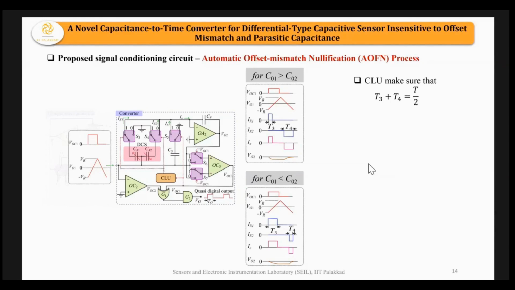At a particular point the voltage will settle, and whenever it settles, the CLU connects CS to the circuit again, and it will come back to 0. So initially itself, it compensates the effect of mismatch. This is how the automatic nullification process works, and if you analyze it, we again get delta C proportional to T0. That is the basic functionality of the circuit.